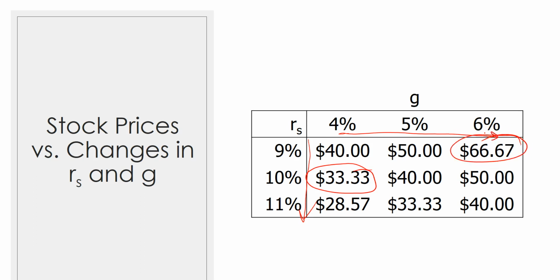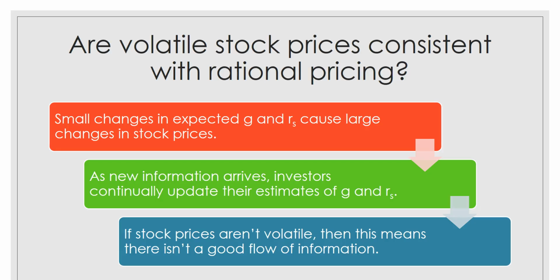Our stock price changes to $66.67, so a 2 percentage point difference in growth rate and a 1 percentage point difference in required return causes our stock price to double. New information is coming to markets continually, and so these expectations are continually fluctuating, which causes volatility in stock prices. If stock prices weren't volatile, then that would mean that there isn't a good flow of information.